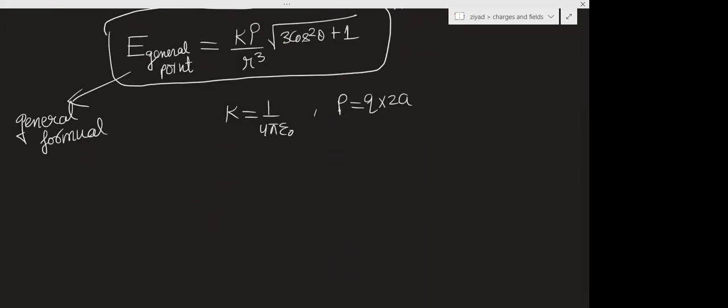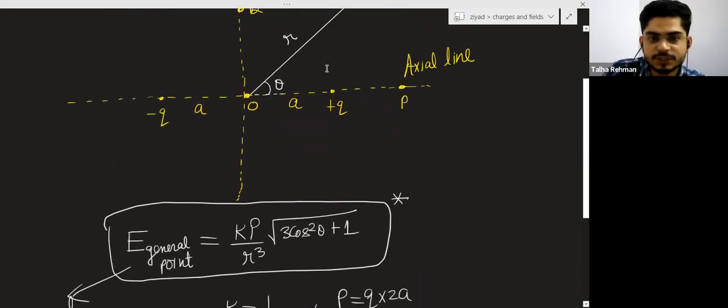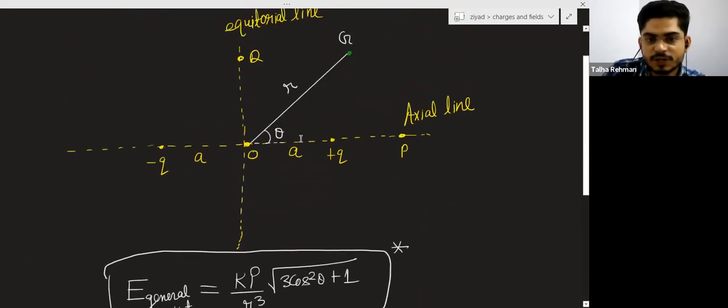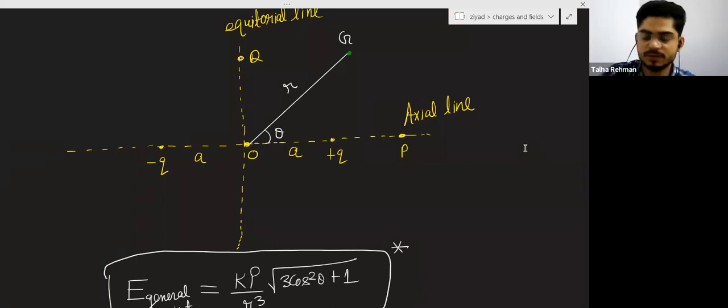So let's see. With the help of this formula, number one, the electric field at the axial position. At the axial position, what is this theta? If this G comes to this P, what is the theta? Just listen.